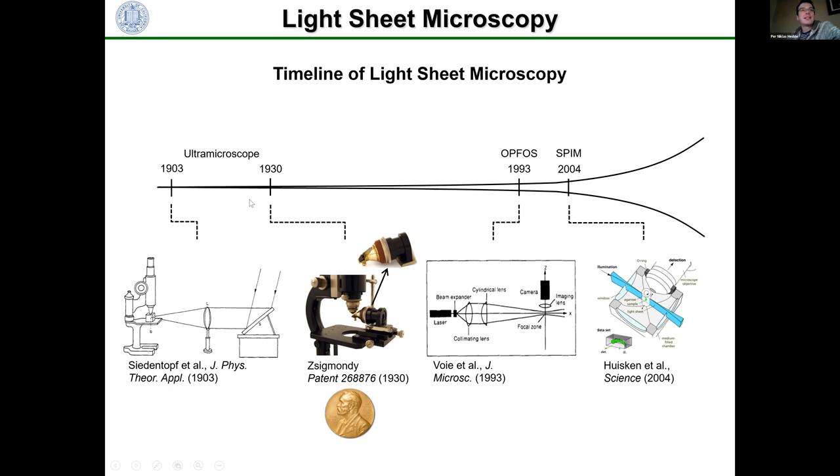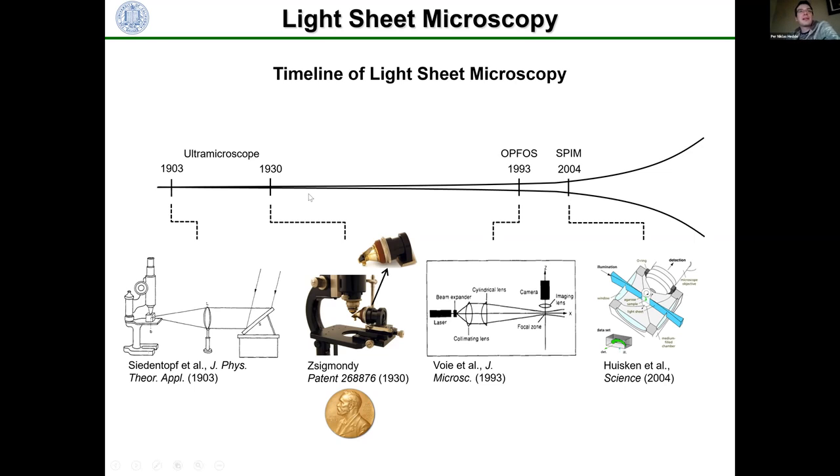And then this was used to study colloids, I think gold colloids in solution dynamics, and eventually this led to a Nobel Prize in 1930 in chemistry, not on the microscope itself, but on this investigation of those colloids.